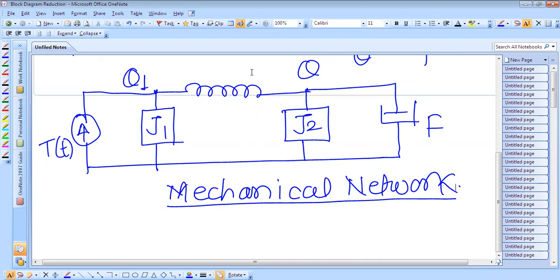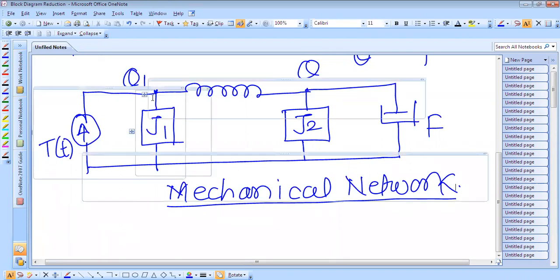We have to write the torque equation in place of the force equation, because this is an equivalent mechanical network. So apply Newton's law at node theta 1.